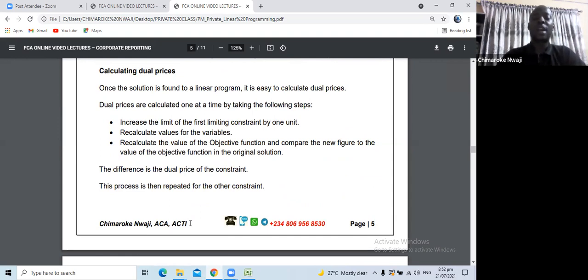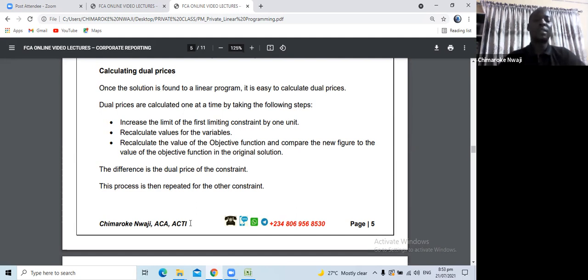So you can calculate each of the dual price or the shadow price by following these steps. First of all, increase the limit of the first limiting constraint by 1 unit. When you do that, you recalculate the values for the variables. That means you will still apply the use of simultaneous equation again. You'll be getting slightly different values, very small, slight.